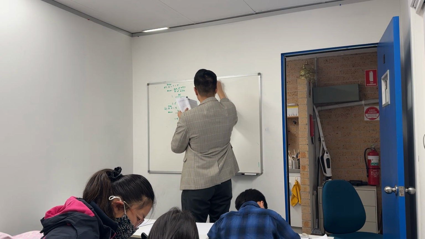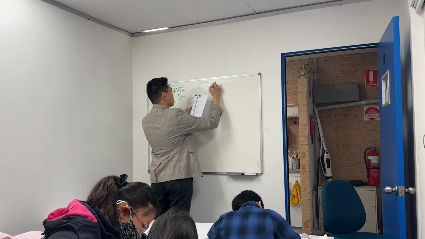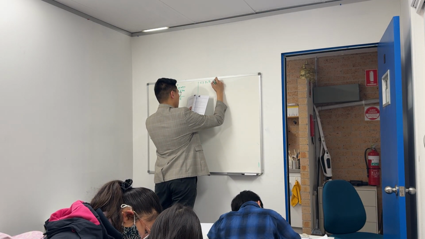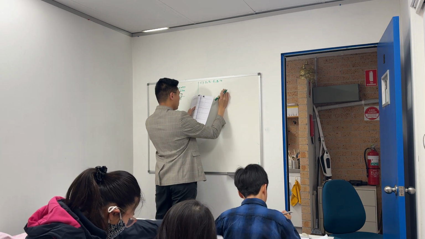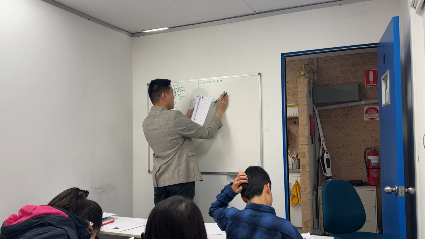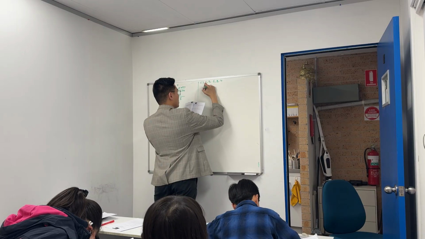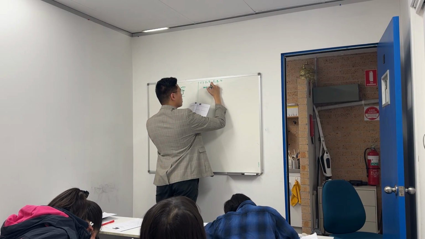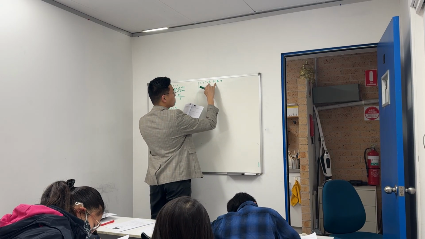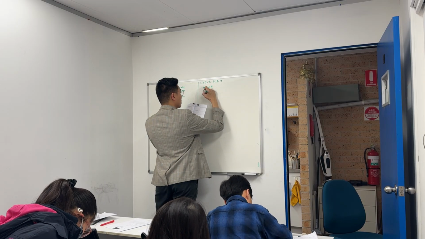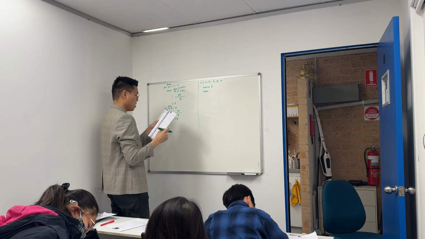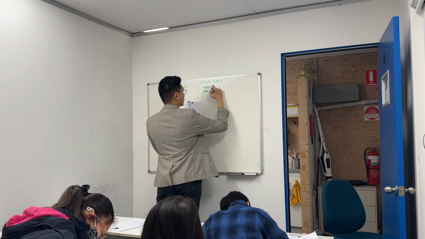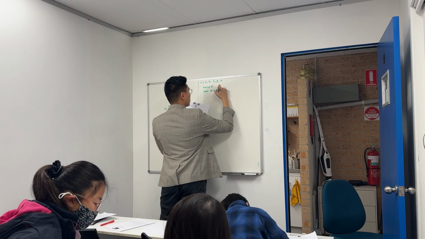So I have 2, 2, 3, 6, 8, and 15. Let me double check I did it right. Yep. For the median, I find the middle value. And I need to find the mode. Which number appears the most? Oh, look at that. There is no mode. So we just write no mode.